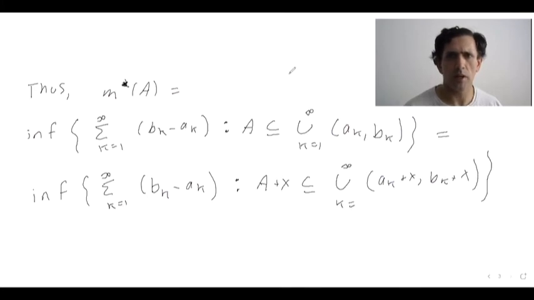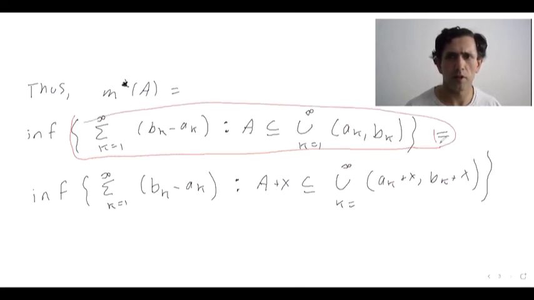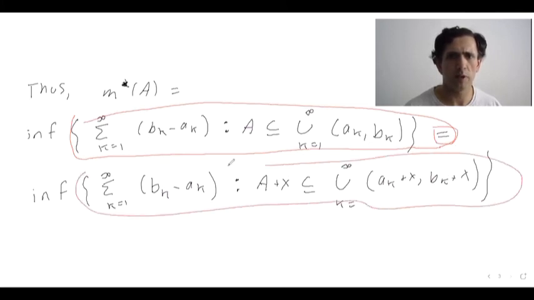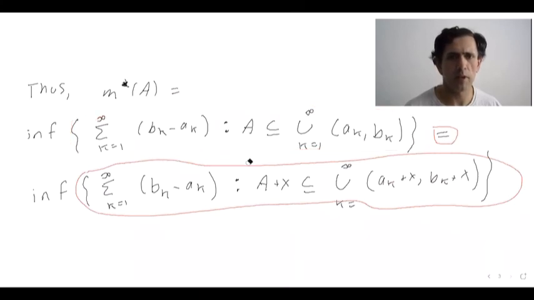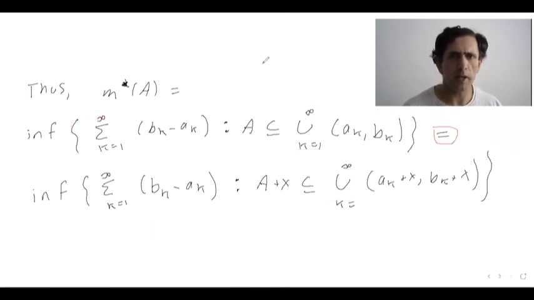Okay, so in other words, this set here that I'm circling is equal to this set here. So in particular, the infimums are clearly the same. Okay, but I can do something a little seemingly silly here. Just basically add and subtract b_k from each term here.